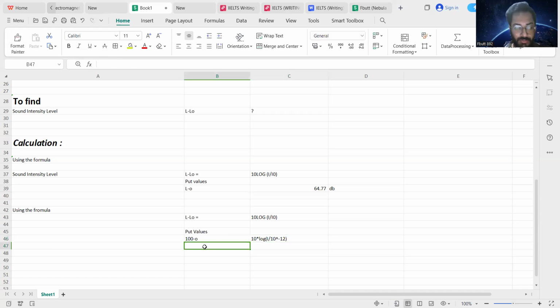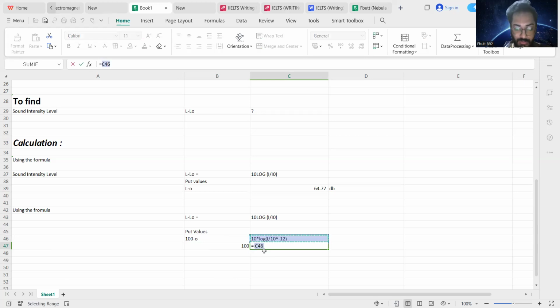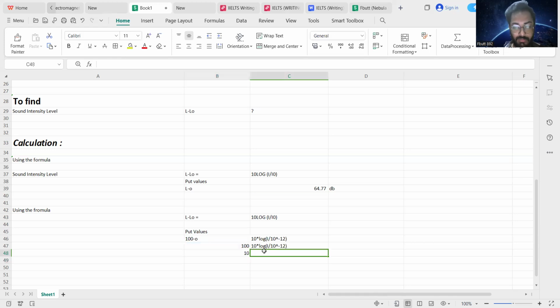Now 100 minus 0 is equivalent to 100, and 10 is multiplying with the logarithm, so when we shift 10 to the other side of the equation, it is going to divide 100. So 100 divided by 10 will get 10.